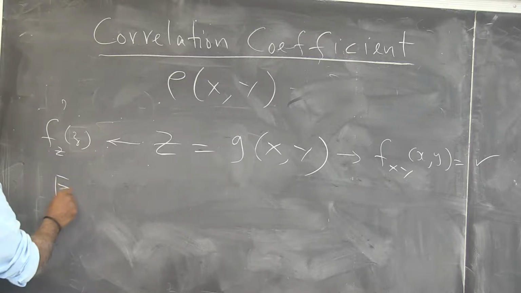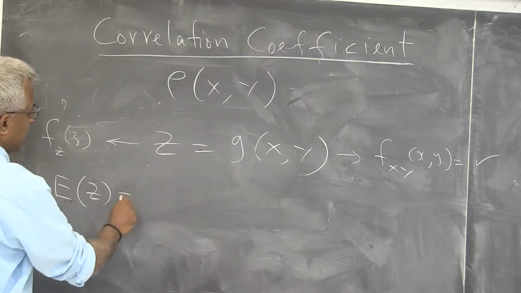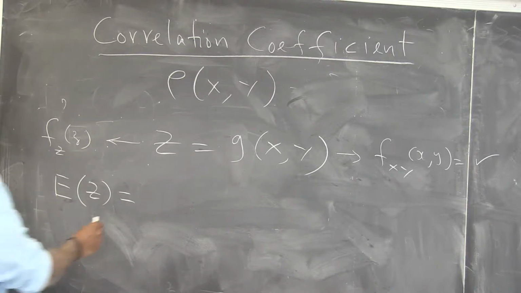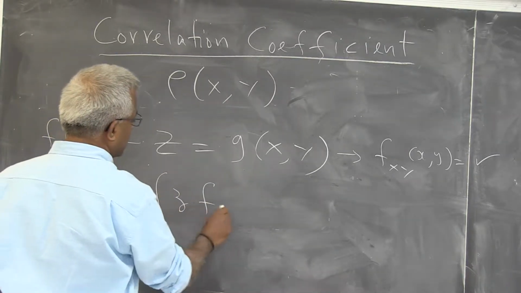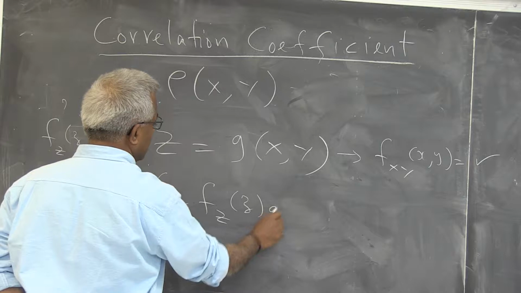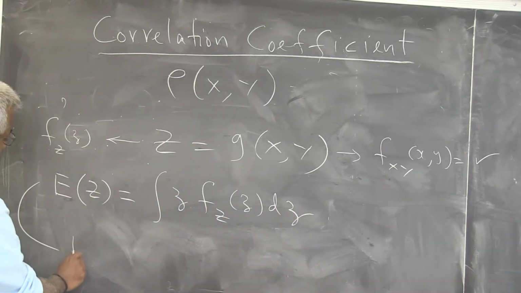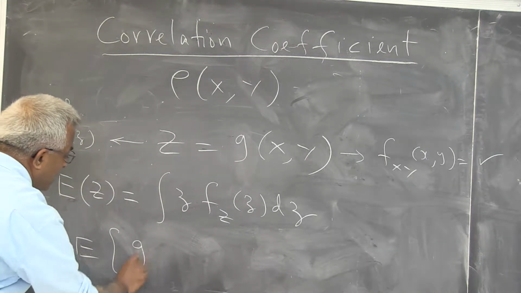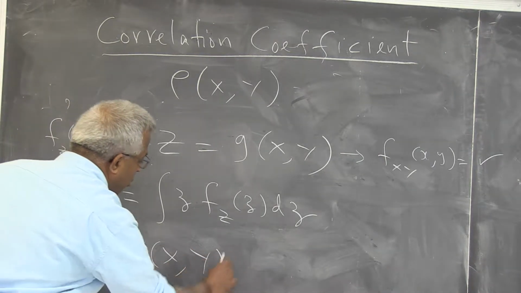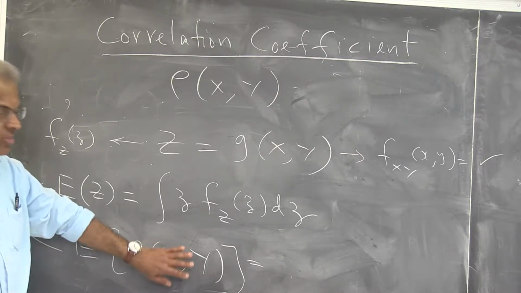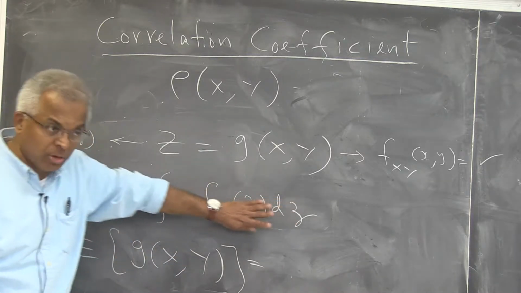So of course, if you have a random variable z, its expected value makes sense. The expected value is, as we have seen, the integral of z f_z(z) dz. But on the other hand, since z is given to be g of x comma y, we also know that the expected value of this function is actually equal to this, right?